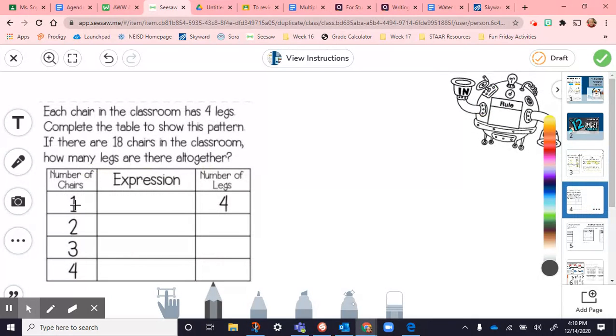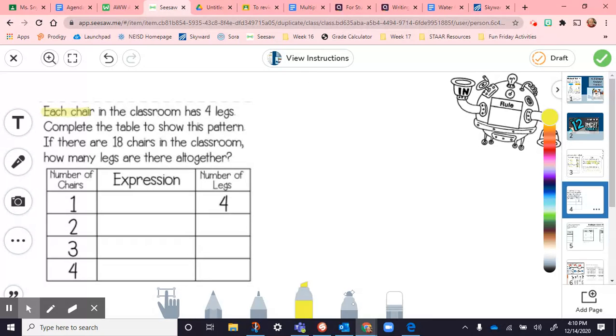Here, we're only given 1, so we can't really see if there's a pattern. We really have to go to the word problem and see what's in the problem and get our information from here. So here, it says that in a classroom, each chair has 4 legs.